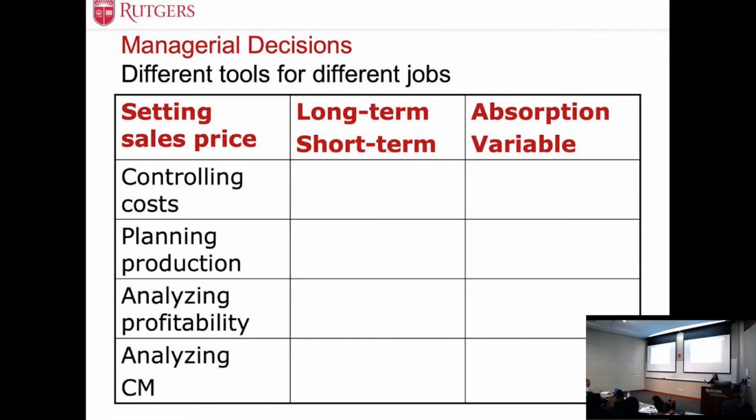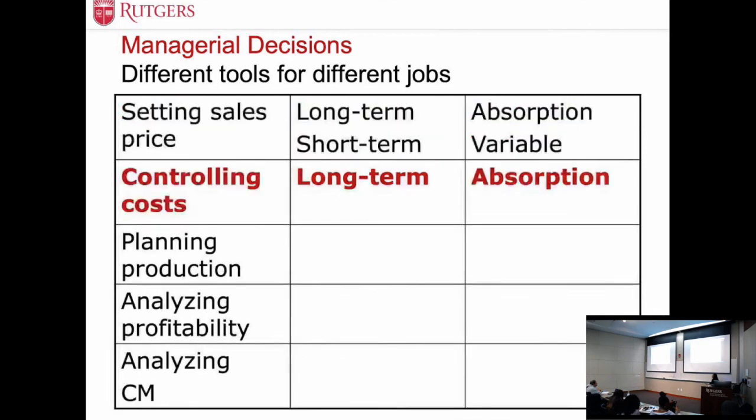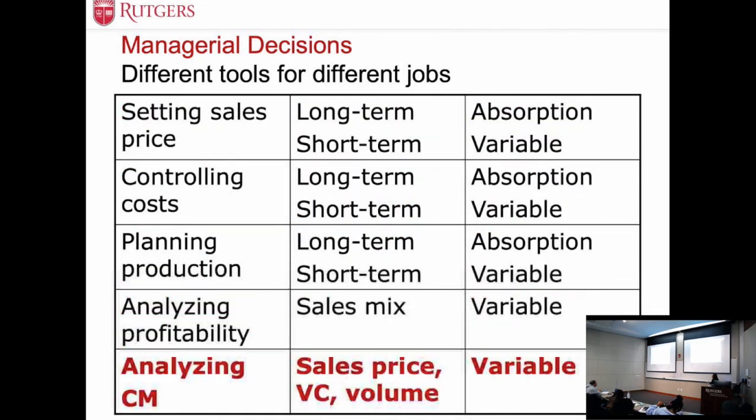And if you are pricing for the short term, you may consider just variable costing, because in the short term, the fixed overhead is not controllable, right? So you just want to cover the variable part. And we have the same rule for different decision making.